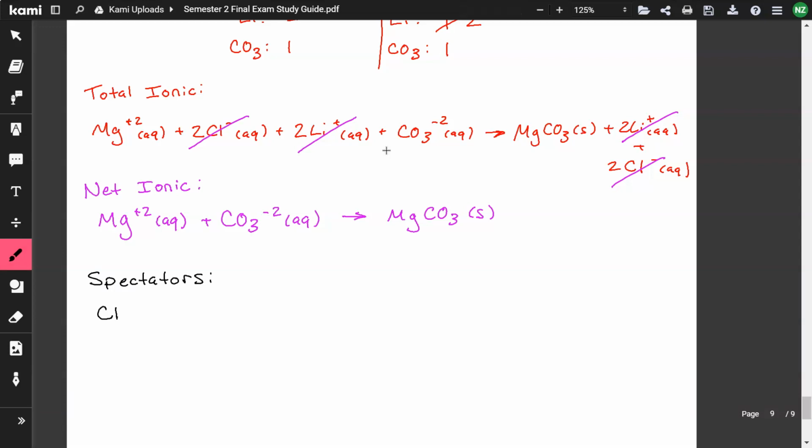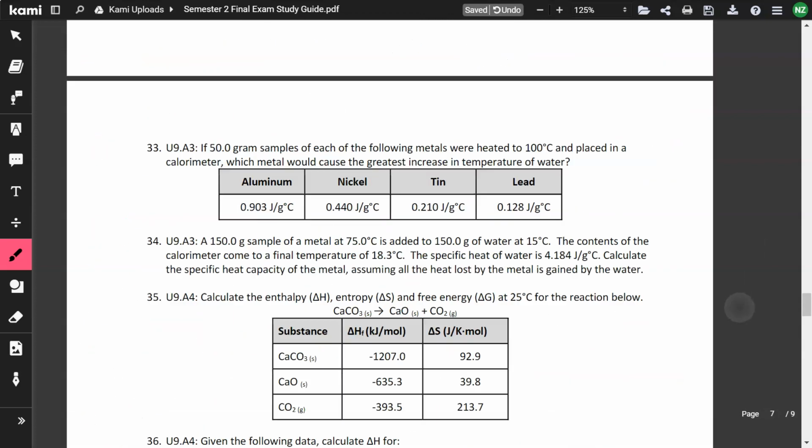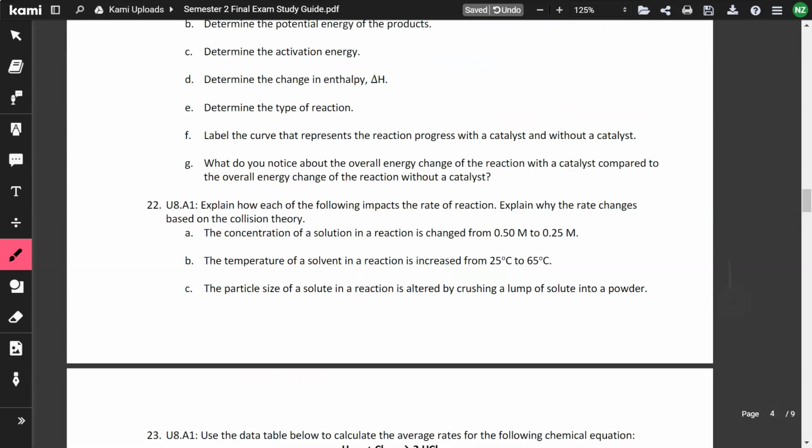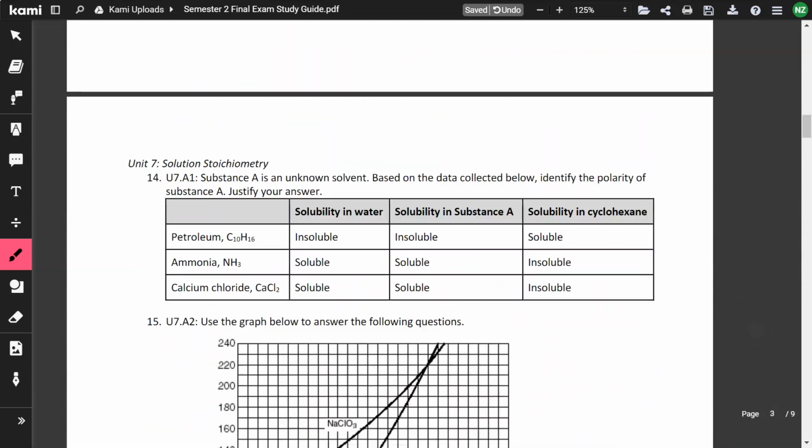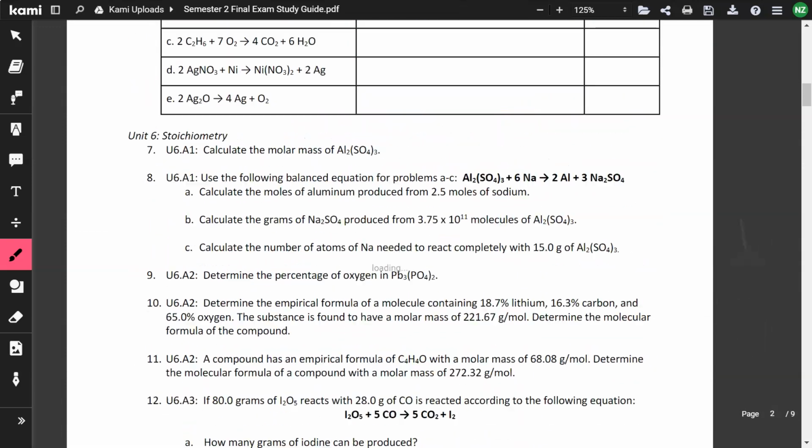That was our chlorine and our lithium. Okay, those are our 2 net ionics. So let's go back up, and where did we leave off?